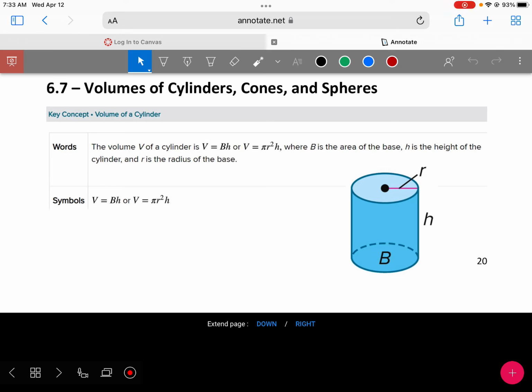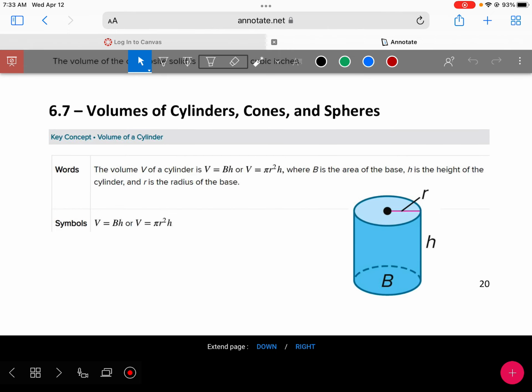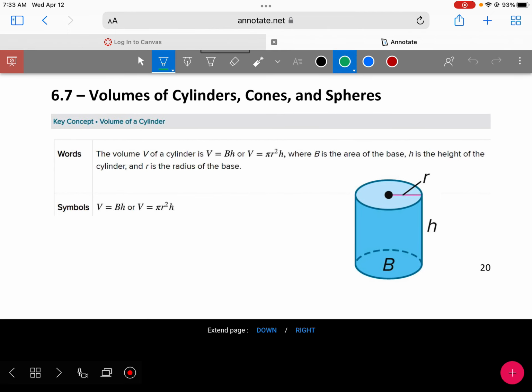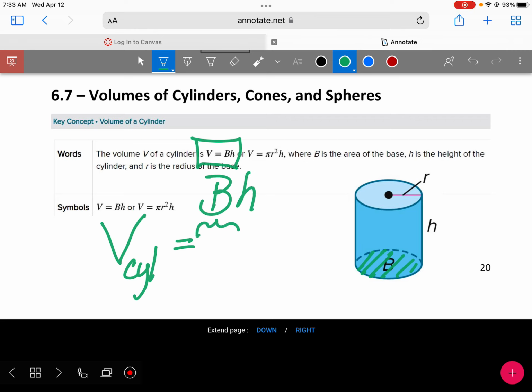Is a cylinder a prism of sorts? Yes, because it has two bases. So, take a look at this. They say volume of a cylinder is area of the base times the height. And when the base is a circle, and we know what the area of a circle is, volume of a cylinder becomes pi r squared times the height of that cylinder.